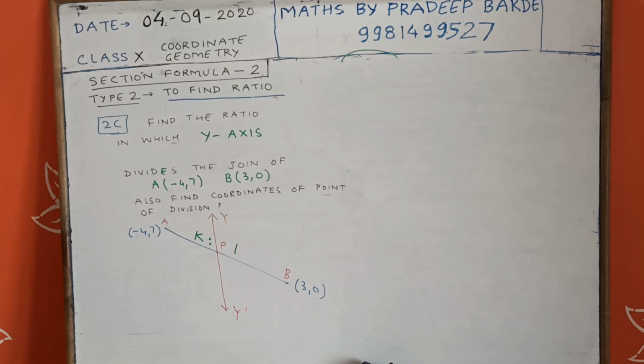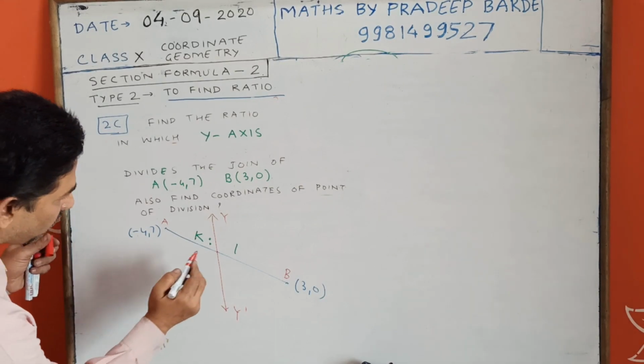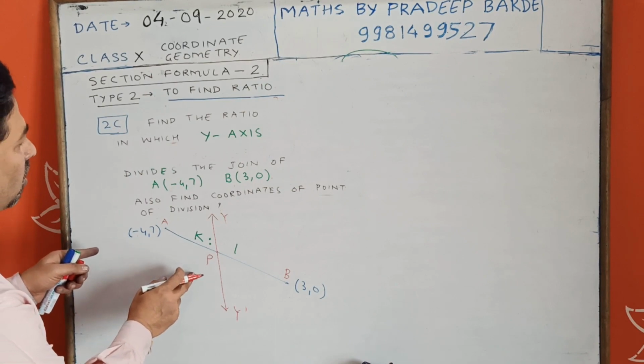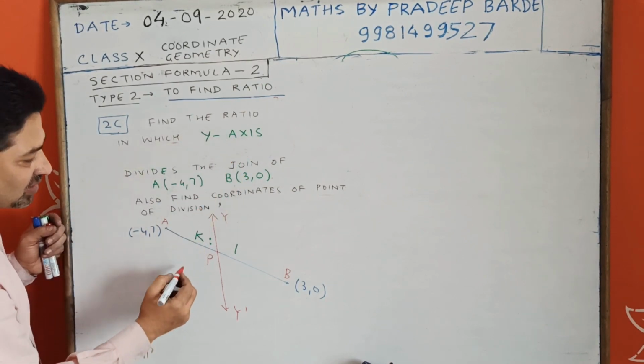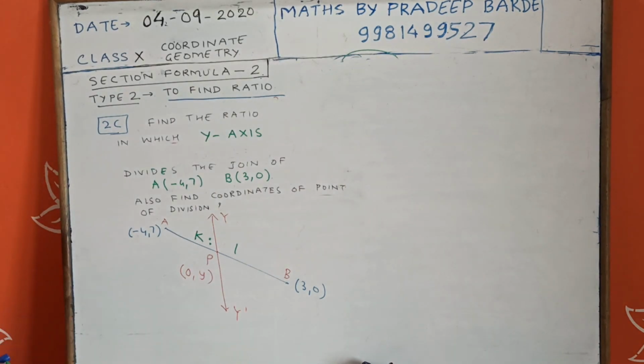So here when we have assumed, आपको p के coordinates भी निकालना है बच्चों. Divided by y axis, तो यहाँ पर x coordinate 0 होगा. The coordinates of point P will be 0, y.